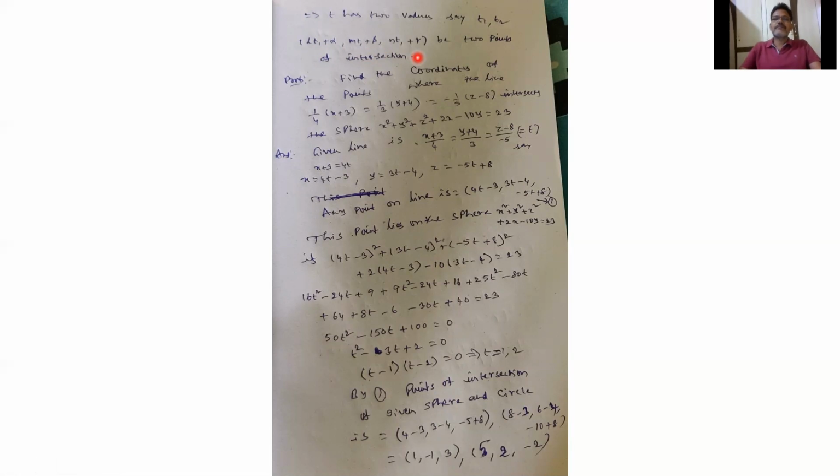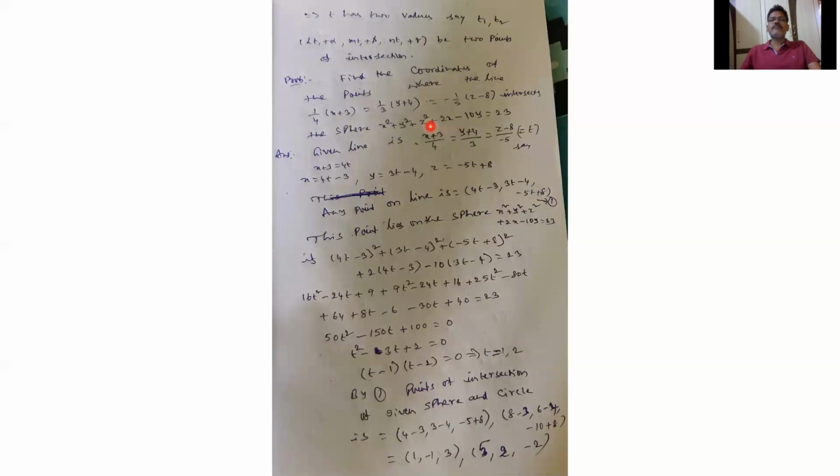See another problem. Find the coordinates of the points where the line (x + 3)/4 = (y + 4)/3 = (z - 8)/(-5) intersects the sphere x square plus y square plus z square plus 2x minus 10y is equal to 23.